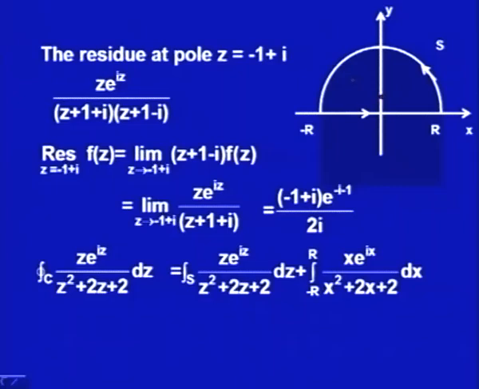Now, minus r to plus r is the real line, so I could make this parameterization, z equal to x, and we get x e to the power ix upon x square plus 2x plus 2. Now, this integral by the residue theorem should be equal to 2 pi i times the residue at z equal to minus 1 plus i of the function z e to the power iz upon z square plus 2z plus 2.